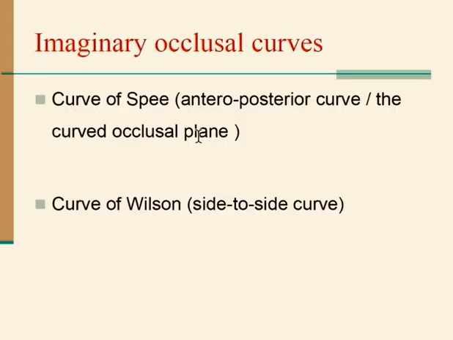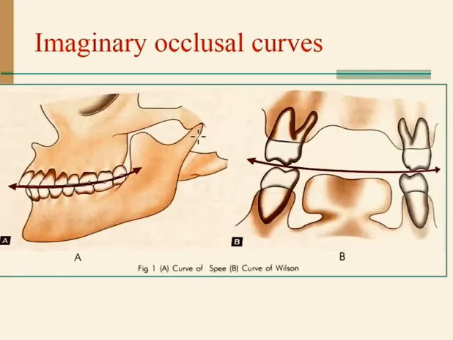Final thing we want to say is about the imaginary occlusal curve, or occlusal plane. We have two curves. In A, you see the curve of occlusion, or anterior posterior curve.